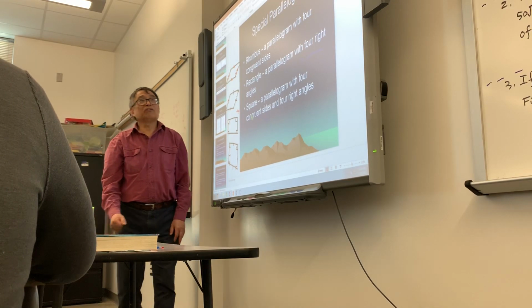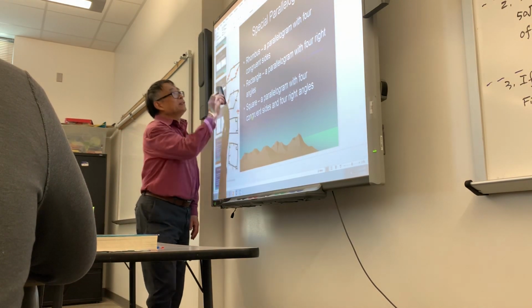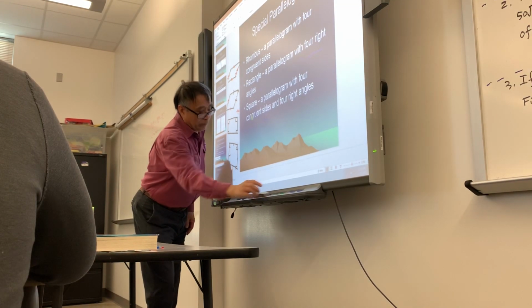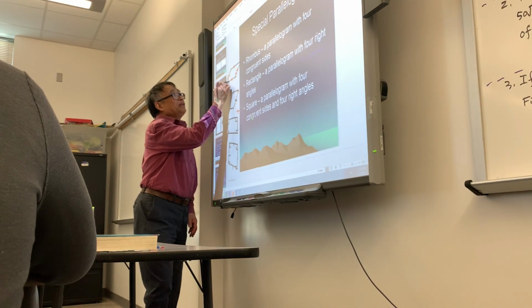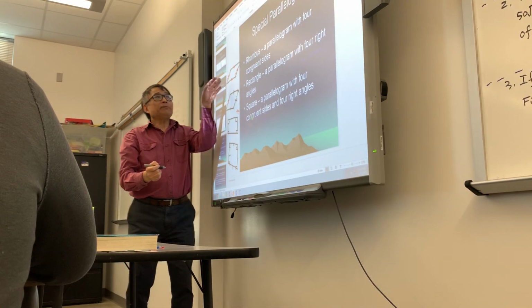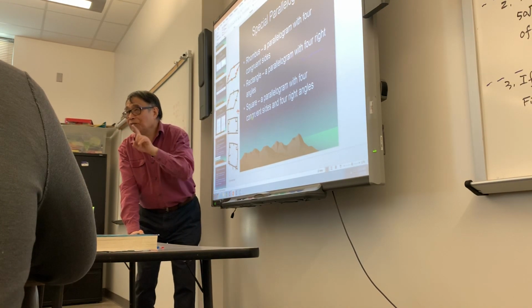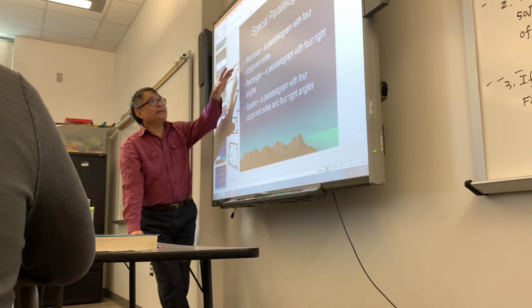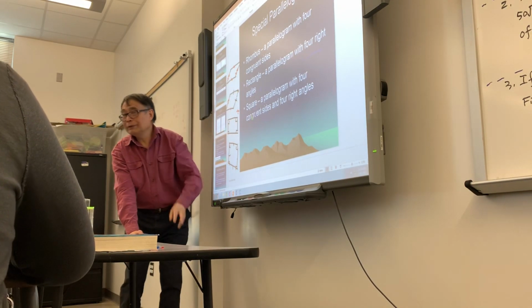Special parallelograms, section 8.4. We discussed the parallelogram, and we have the definition: 2 opposite sides are parallel. That quadrilateral is a parallelogram. This side is parallel, this side is parallel.